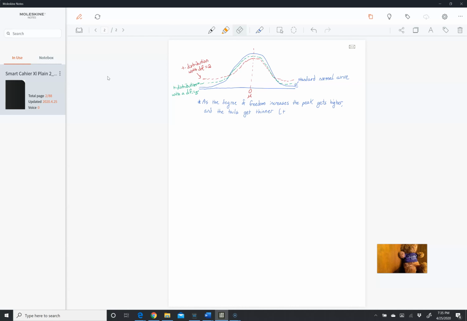So what are we saying? The curve looks more and more like a normal distribution, which is what the 7th property was.